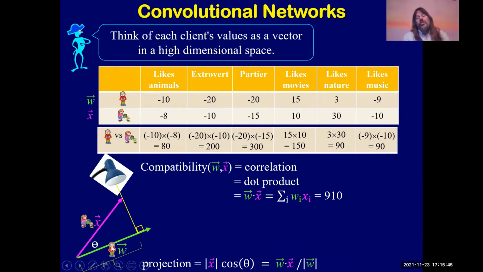And so one of these vectors could be saying, this is what I'm looking for, right? The weights here are a vector that says, I'm looking for vectors that look like this. And then the purple one are the pixels that are there.